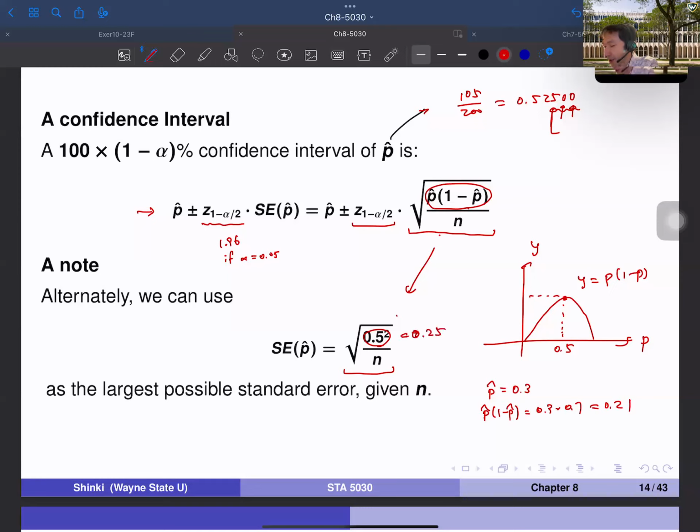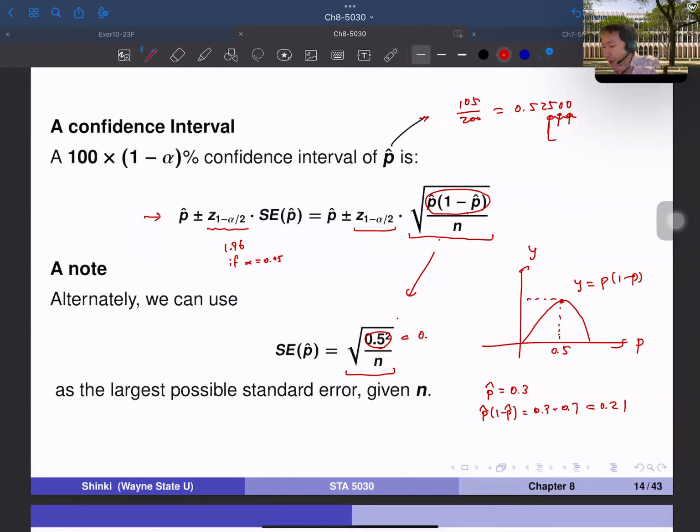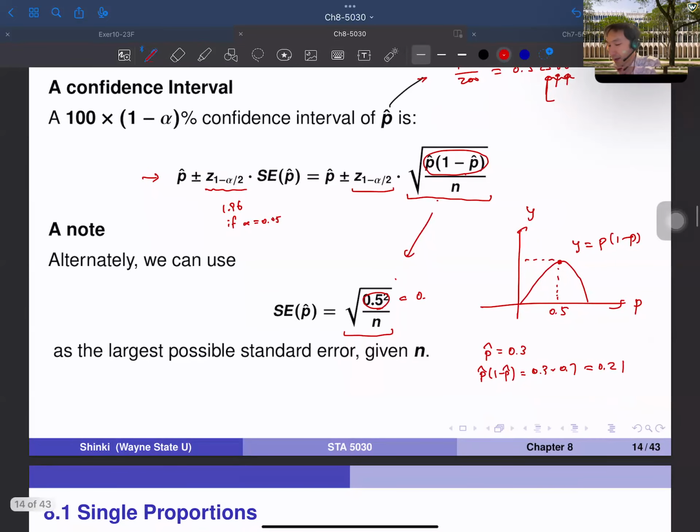And also we take the square root, so the difference becomes even smaller. So even if we use 0.5, it doesn't make it much larger, and we also have a guarantee that any p hat is fine with this confidence interval. So to be conservative, some people use the square root of 0.5 squared over n.